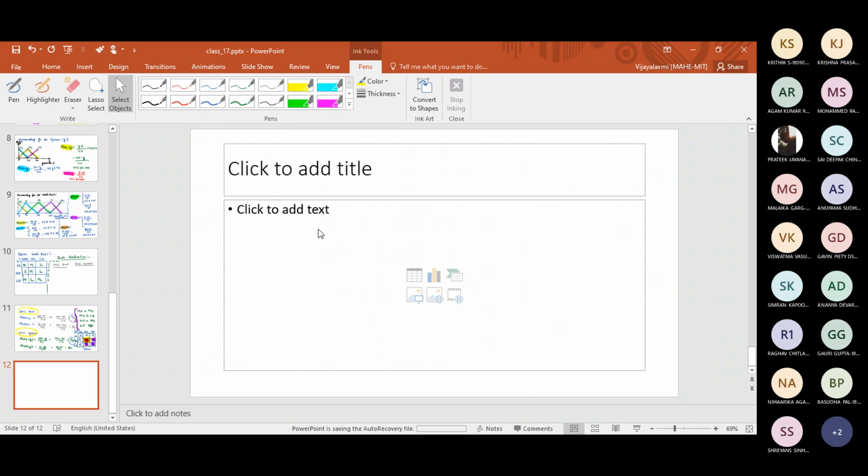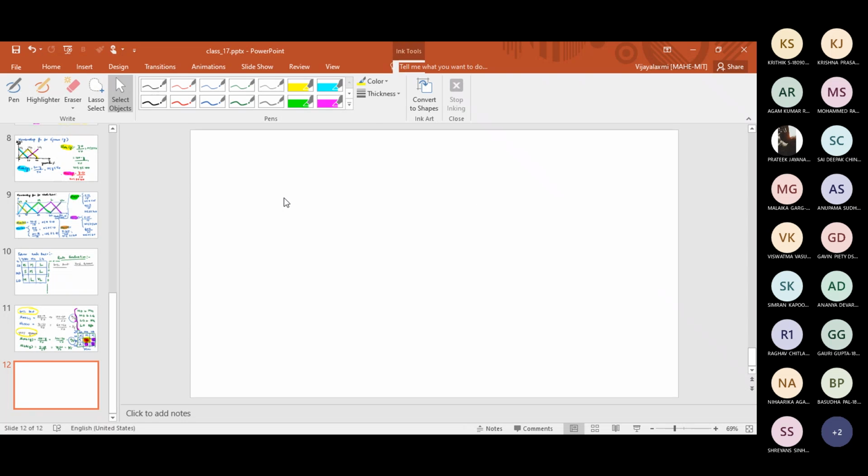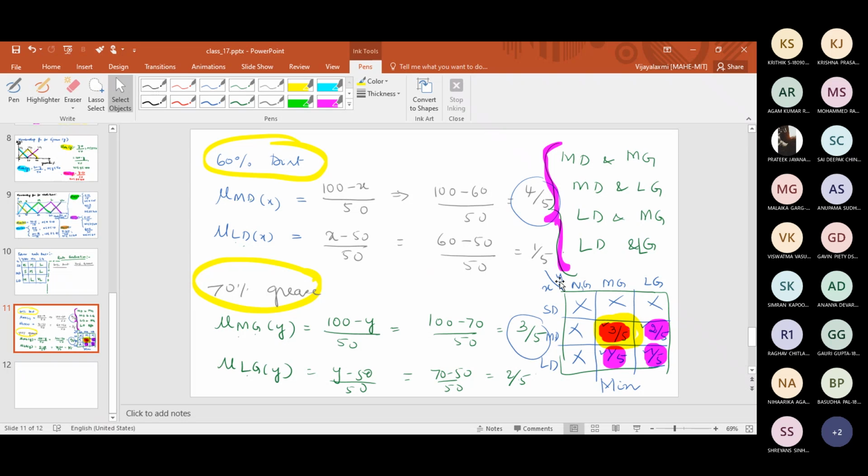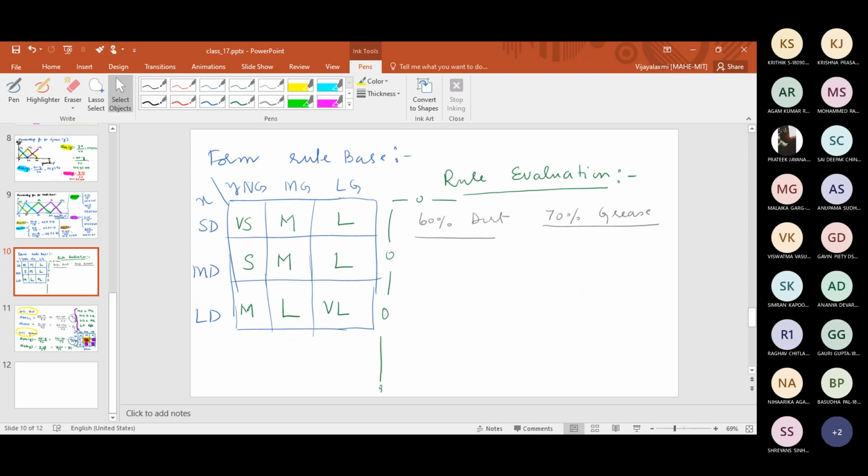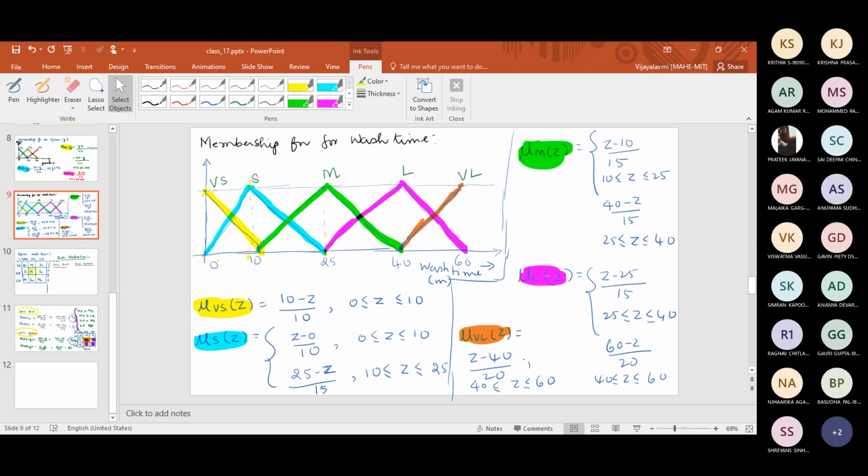Now one last step is remaining. Here you have entered the minimum values. After you enter the minimum values in the table, you go for the maximum, which is 3 by 5. Here 3 by 5 is in M, so you go to M of your output membership function.